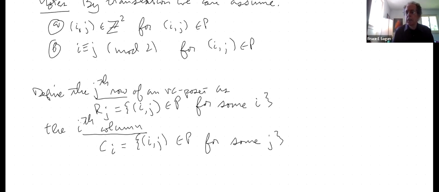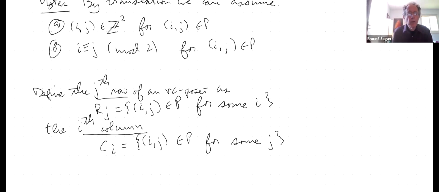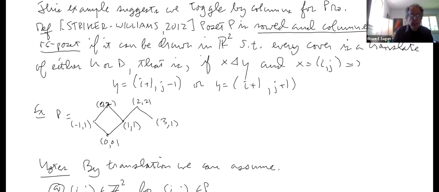So let's go back to our example. Here, everything in this row would have second coordinate 0, so this is R_0. Here, everything has second coordinate 1, so this is R_1.